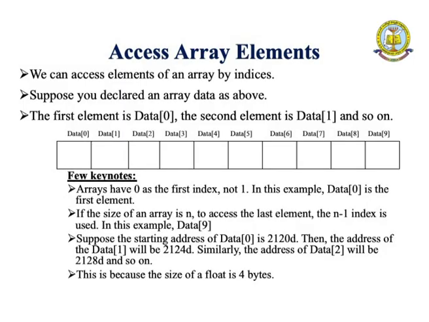If you want to store the second element, we can use the index number data of 1. Like that, till data of 9 you can take to store the individual elements into an array. We can also store the elements into an array using loops.